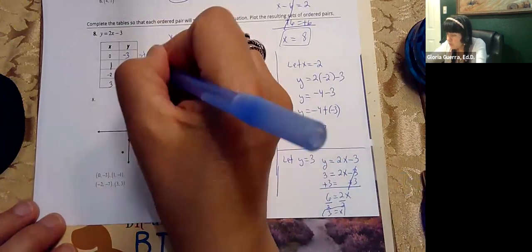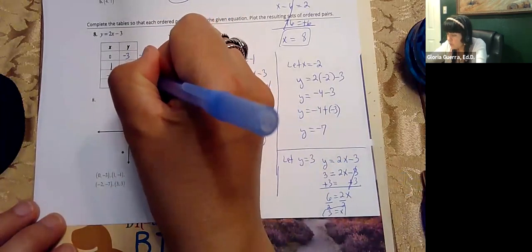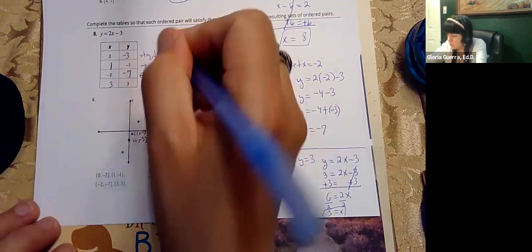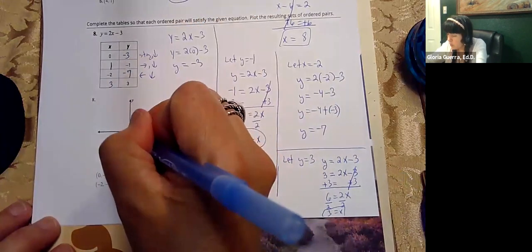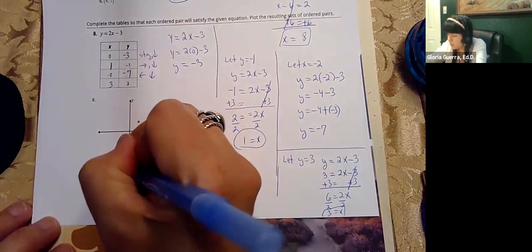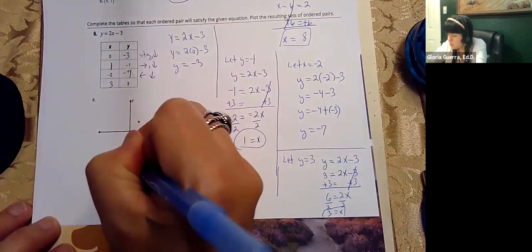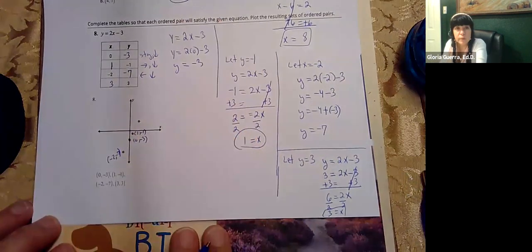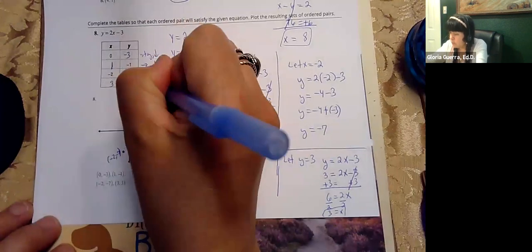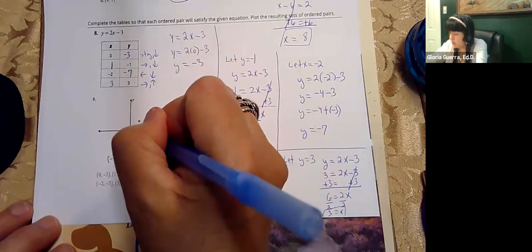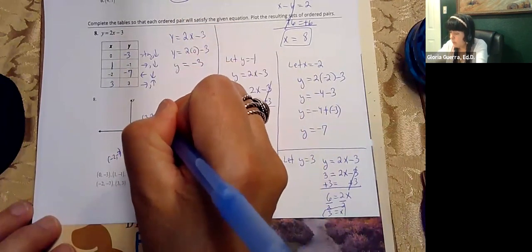-2, -7 means you go to the left and then you go down. So go to the left, -2, and then go all the way down. -2, -7. And then 3, 3 means you go to the right and then you go up. 3, 3.